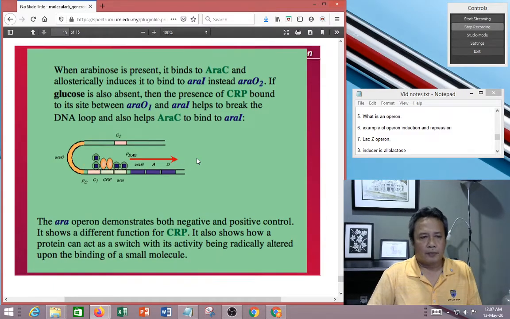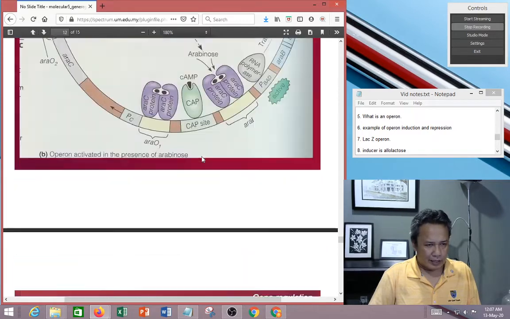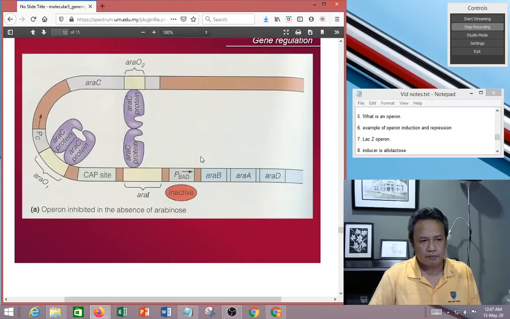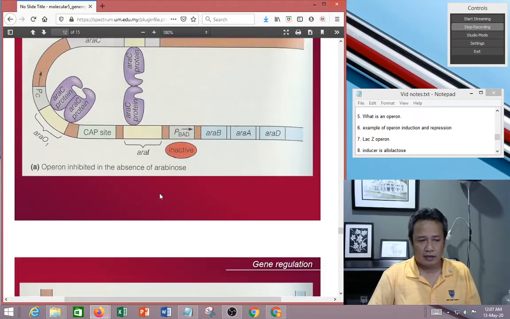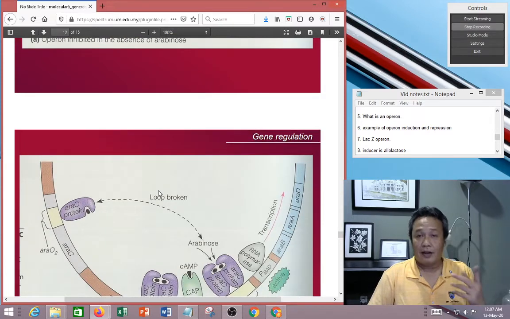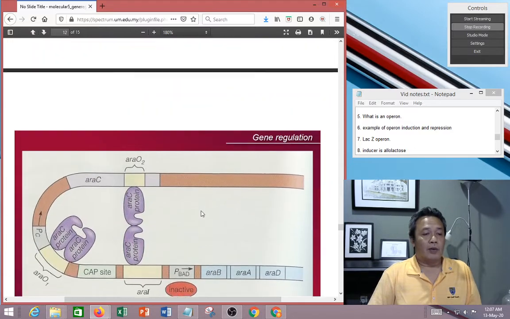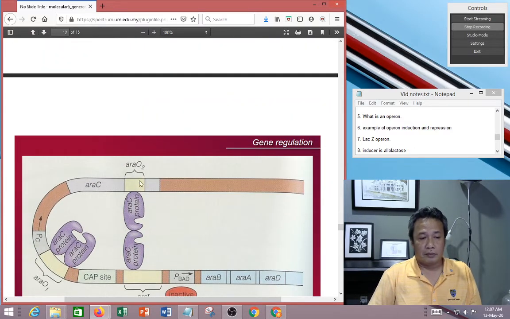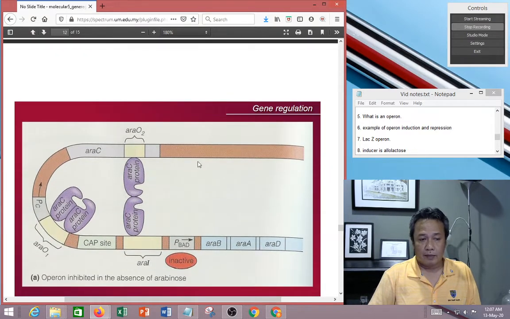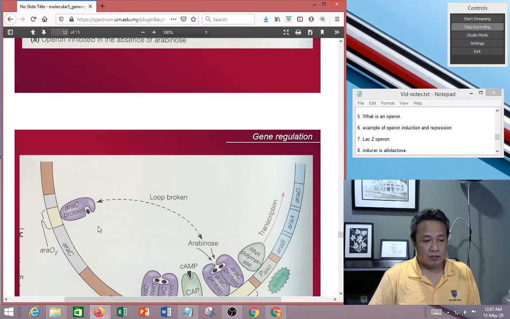So again, you may want to have a look at this picture. It's the same thing. The small black thing is arabinose. Without arabinose, AraC binds AraO2 and AraI, making a loop. It also binds here to prevent production of AraC. But in the presence of arabinose, the loop is broken.